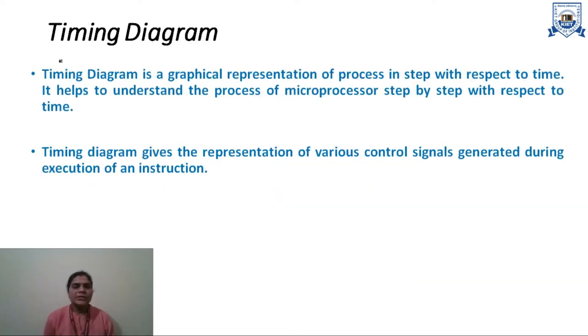Now, what is a timing diagram in microprocessor? As its name suggests, it's a diagram. It is some graphical representation. But here, timing suggests that it's a graphical representation of an operation or process in steps with respect to time.